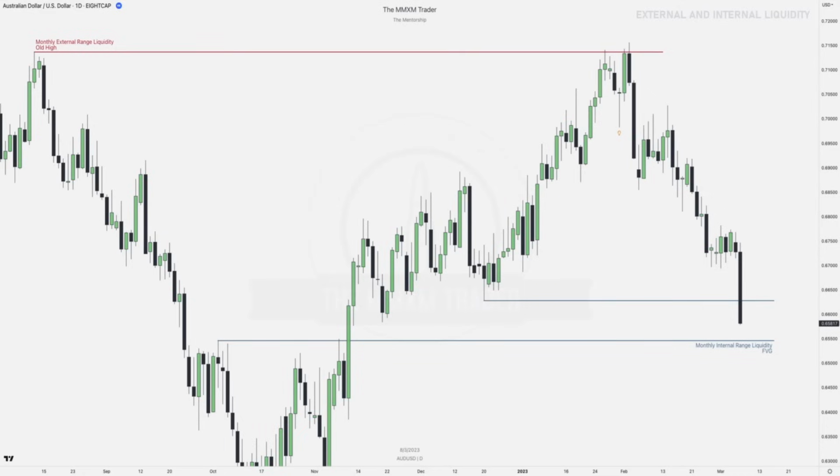After this monthly external range liquidity has been taken, we're going to look for a monthly internal range to be the drawn liquidity. We have this outlined down here. Now we need to wait for a little bit of confirmation as always, so we wait for a break of structure that happens after we raid the monthly external. Break of structure down here, return back into premium, and it continues down into that fair value gap.